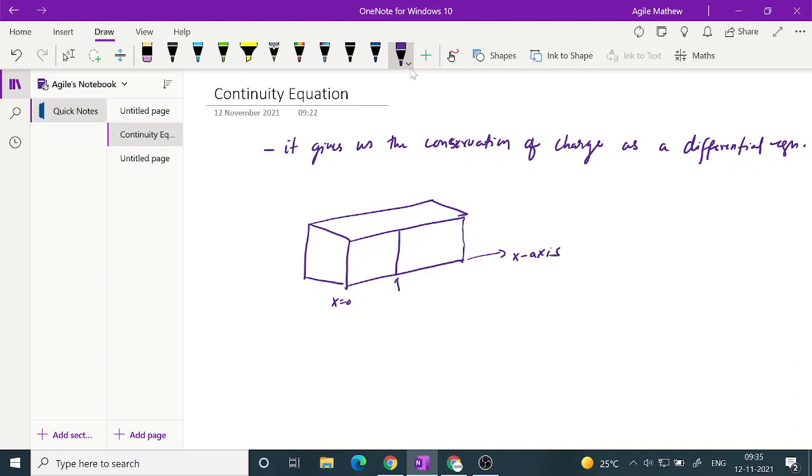Let's consider a point x, and if you take a small increment, that is x plus dx, we have a strip like this. The area of cross section is A. So this is our block of semiconductor.